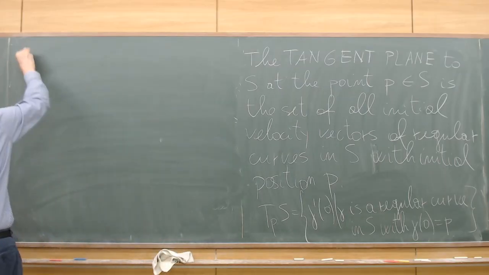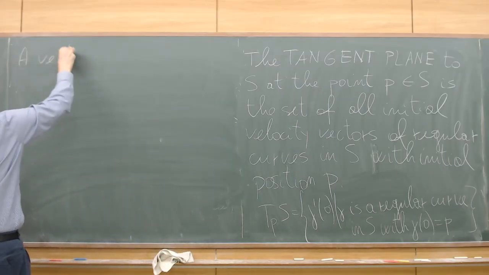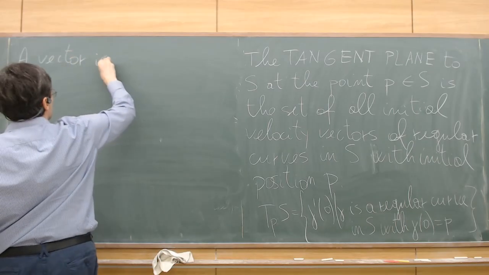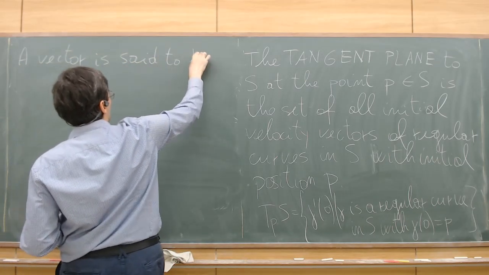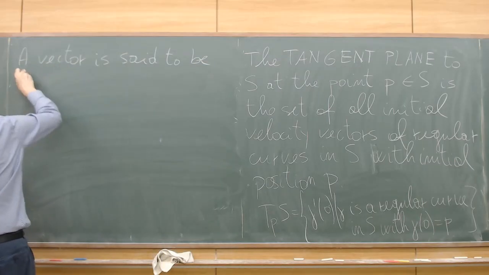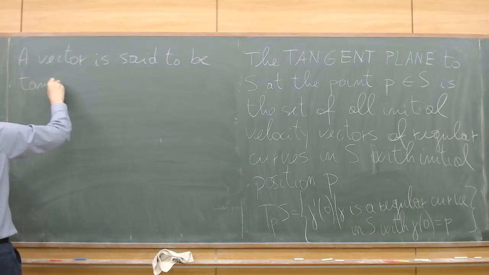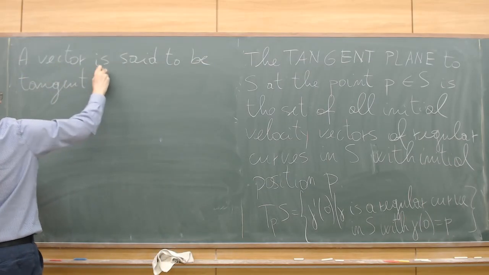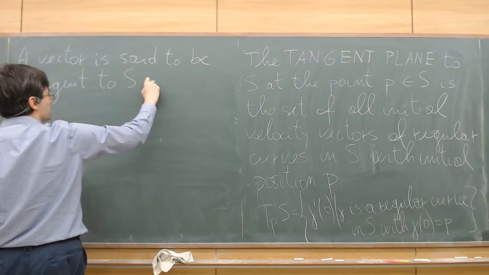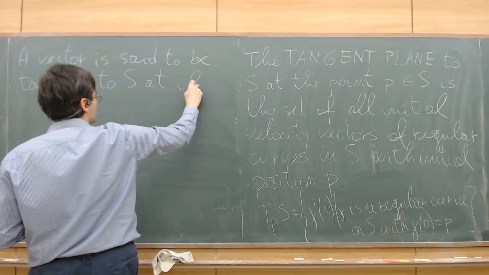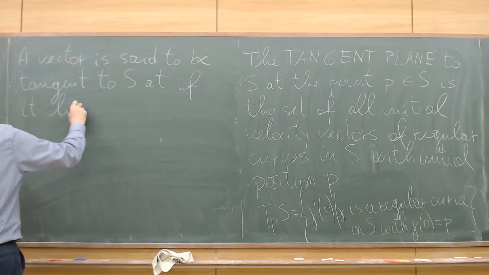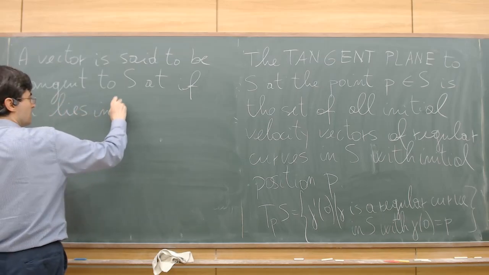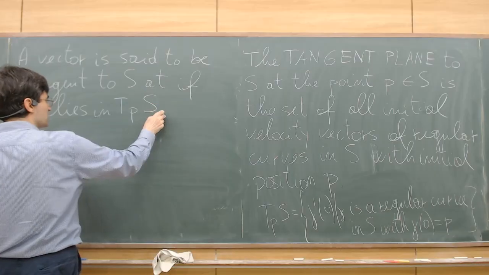A vector is said to be tangent to S at P if it lies in TPS.